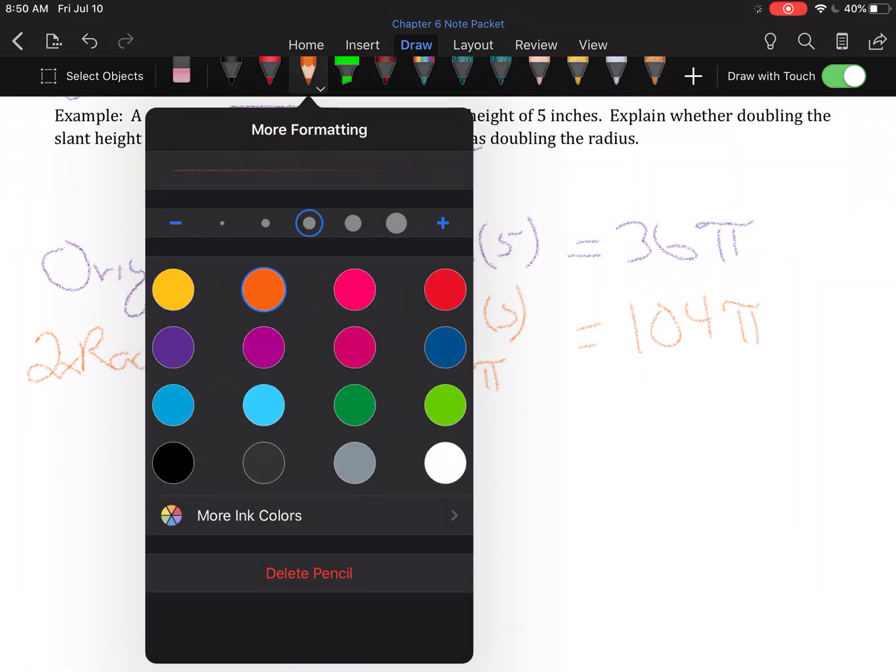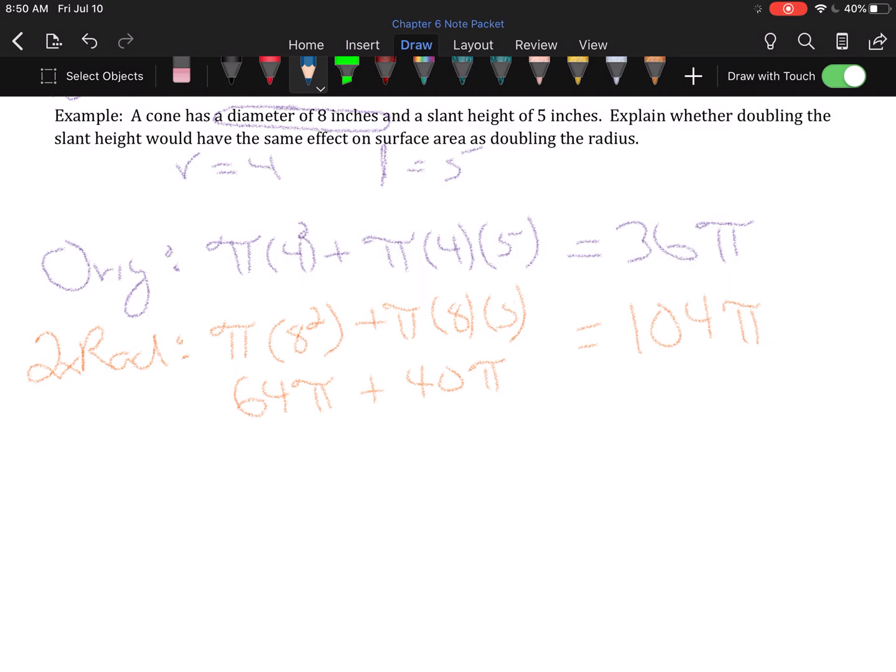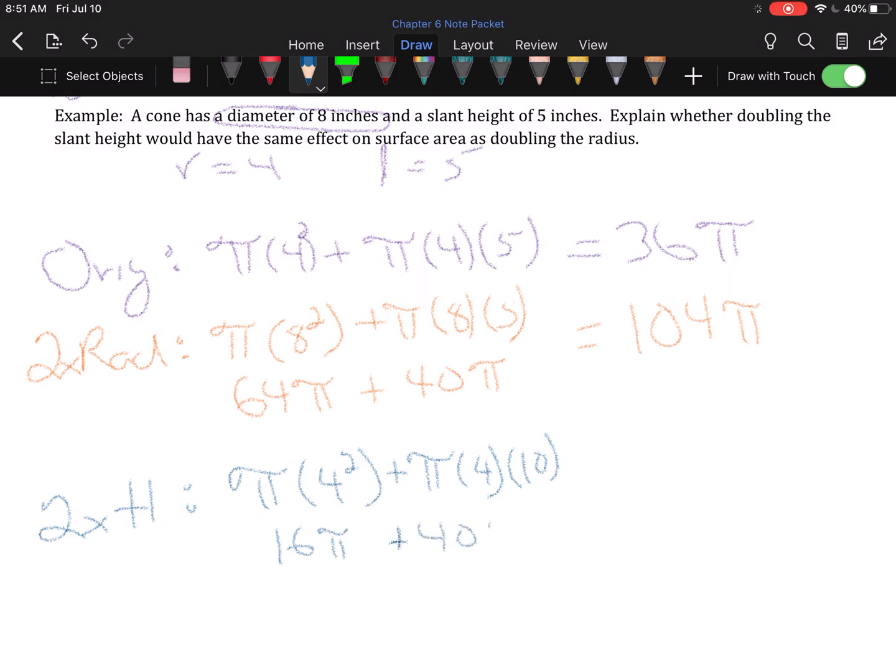What we're being asked to check here is, does doubling the radius, what we just did, have the same effect as doubling the slant height? So we're saying, okay, am I going to get 104 pi again when this time the radius goes back to 4, but the slant height gets doubled up to 10? So let's see. This is 16 pi. 4 times 10 is 40. 40 and 16 is 56 pi.